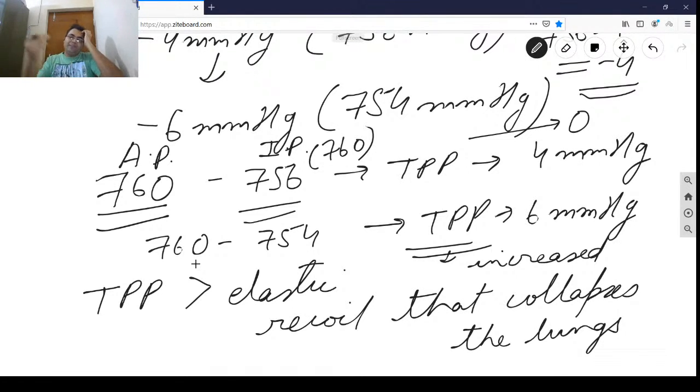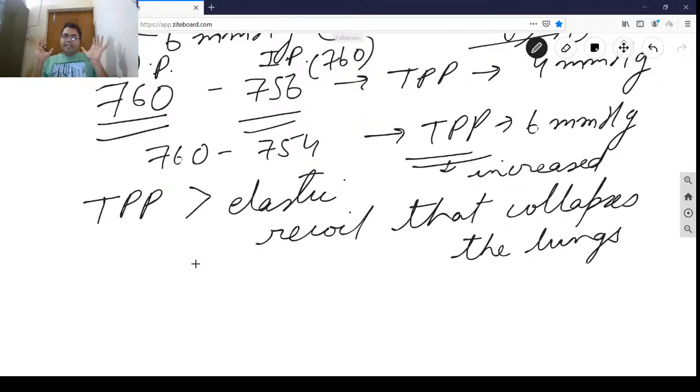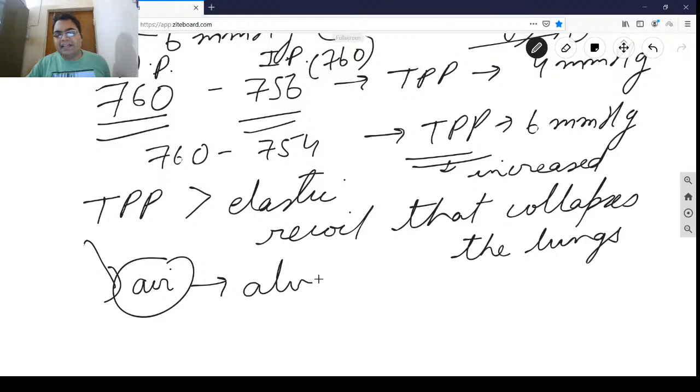When the lung expands more and more, eventually more and more air can be filled inside the alveoli. Again, this is not continuous. When will it stop? It will stop when the lung expands and this value decreases.